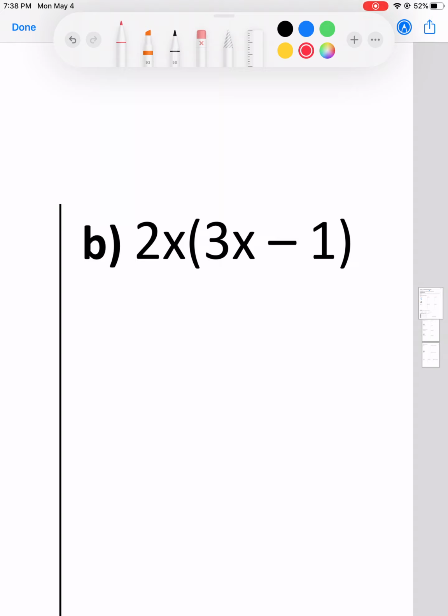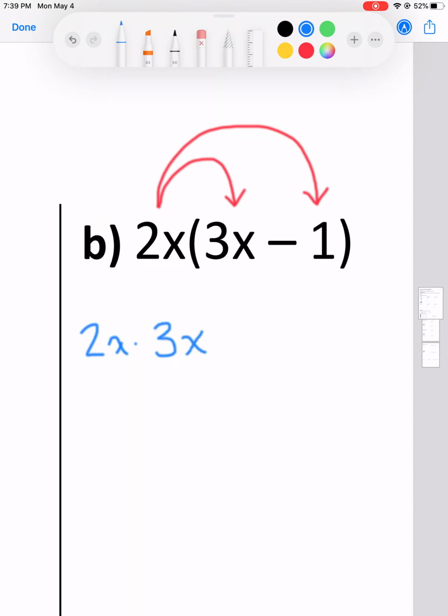So this time there is an x with the number out front. So we're going to be doing 2x times 3x and 2x times negative 1. So 2x times 3x. So remember, we're going to do 2 and 3 together because they're the same. So that's going to give me 6. Okay. And then what's x times x?